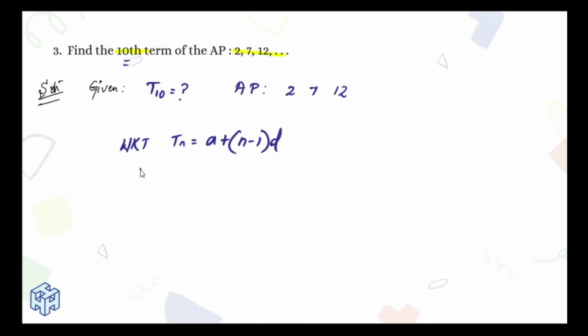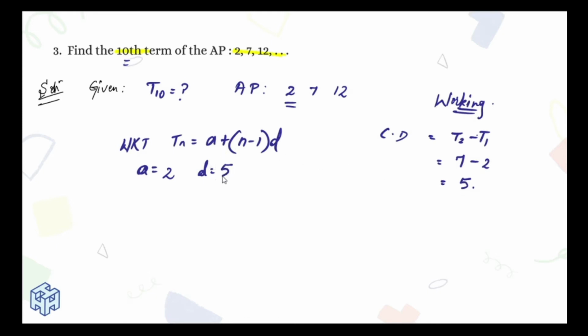Now let us write A is equal to, what is A? A is 2. Then what is the common difference? Let's write it in the working area. Let our right side be our working area, okay? So T2 minus T1 is equal to 7 minus 2, which is equal to 5. So the common difference is 5.